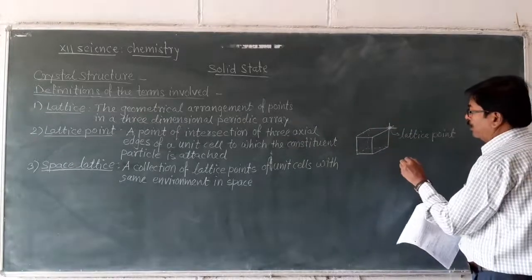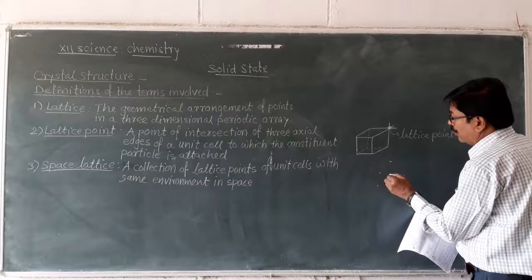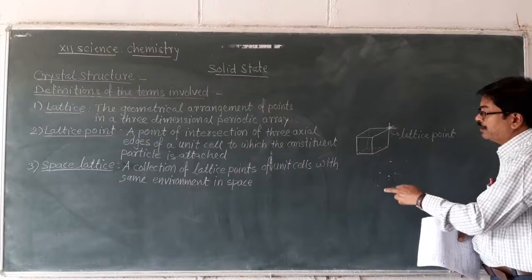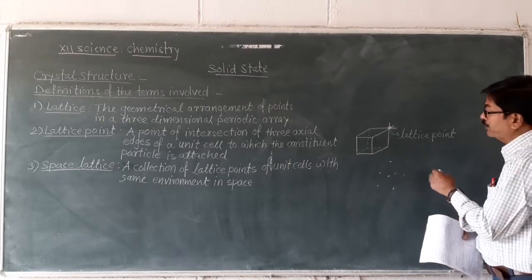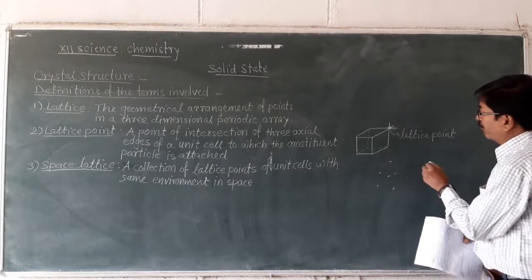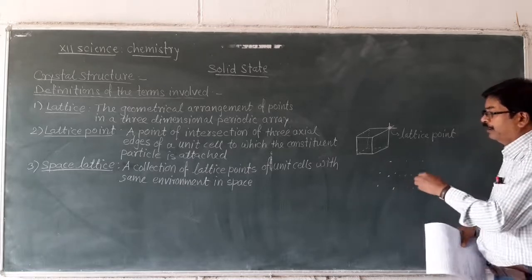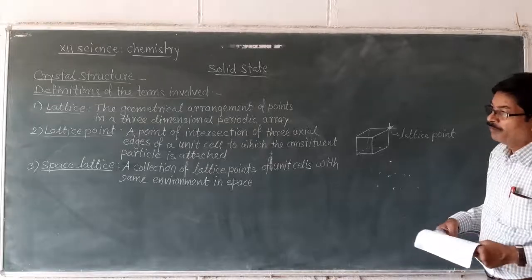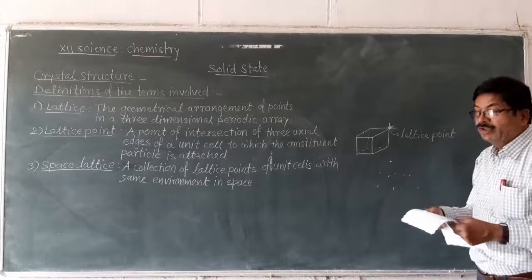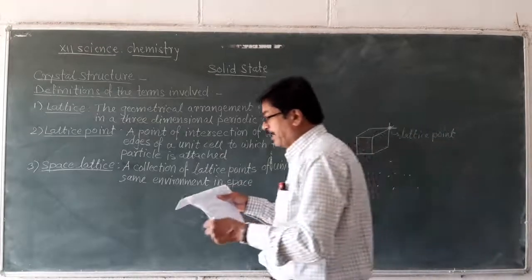Now see, in this crystal lattice only lattice points in space are shown, and a number of unit cells when joined to each other can be written in the form of space lattice. Only a collection of lattice points in unit cells with the same environment in space is called space lattice.